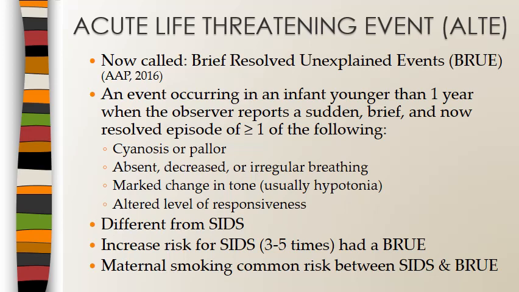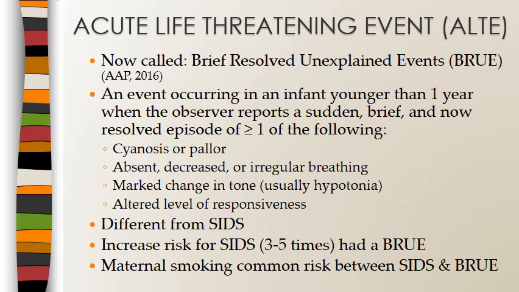So this is an event that occurs in an infant younger than 1 year, and when it has been observed, the observer reports a sudden, brief, and then resolved episode of at least one or more of the following signs. So either cyanosis or pallor, absent, decreased, or irregular breathing, a marked change in tone, and usually we see hypotonia or decreased tone, and an altered level of responsiveness.